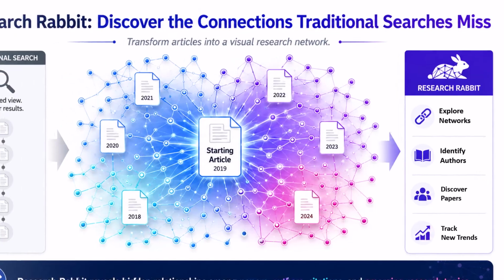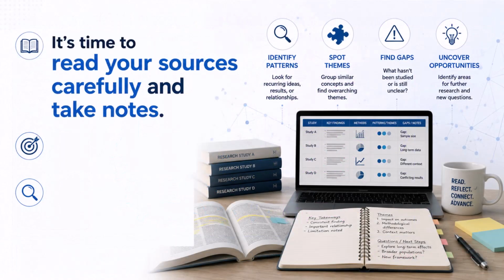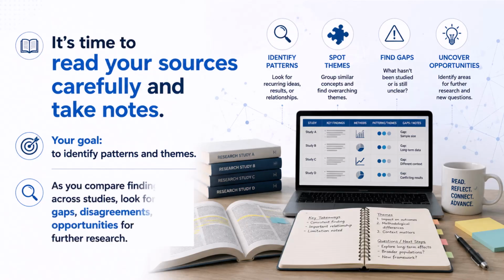At this point, you'll have a strong collection of articles. Now, it's time to read your sources carefully and take notes. Your goal in this stage? To identify patterns and themes. As you compare findings across studies, look for gaps, disagreements, and opportunities for further research.